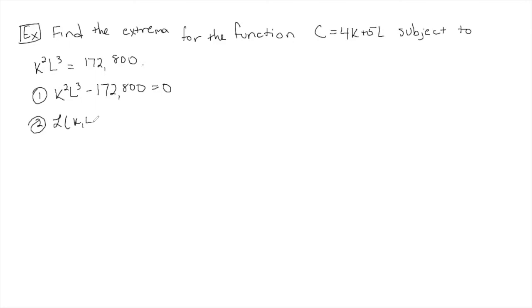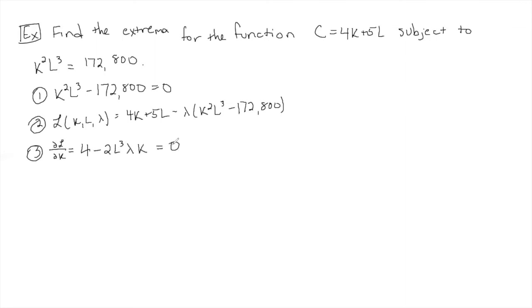Next, I want to construct the Lagrangian. L of K, L, lambda. This is 4k plus 5L minus lambda times k squared L cubed minus 172,800. Step 3, I need to take my partials and set them equal to 0. With respect to k, I get 4 minus 2L cubed lambda k, and that will be equal to 0.